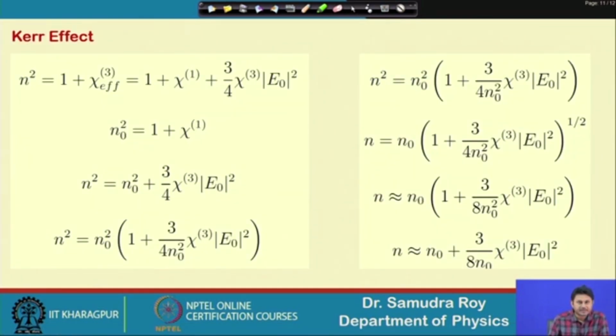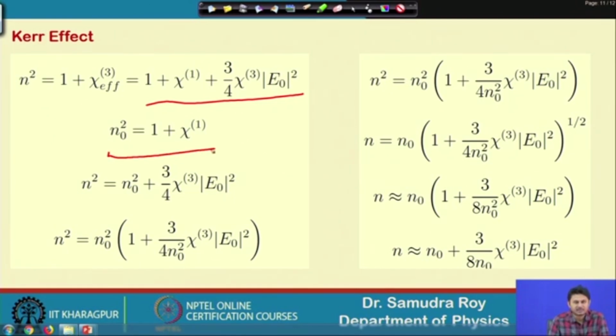So, Kerr effect, as I mentioned, if I write the refractive index in terms of effective susceptibility, it will be simply this. Now, refractive index without any nonlinearity can be represented as n 0 square, where n 0 is the refractive index without any kind of nonlinearity, which is simply written as 1 plus chi 1, because refractive index is root over of 1 plus chi 1.